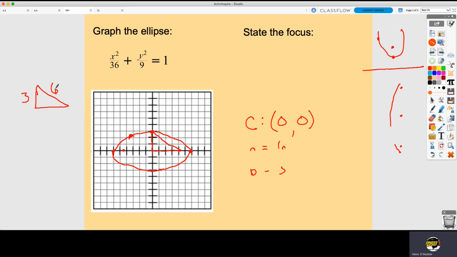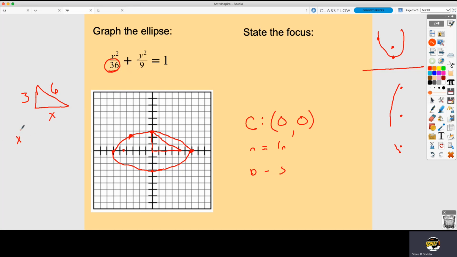And the reason why is if we were to attach that string to both of these foci here, we would be able to stretch it all the way out to this very edge point. So our hypotenuse is always equal to the square root of whatever our bigger one is here. To find this, we're just going to have to do Pythagorean theorem, right?